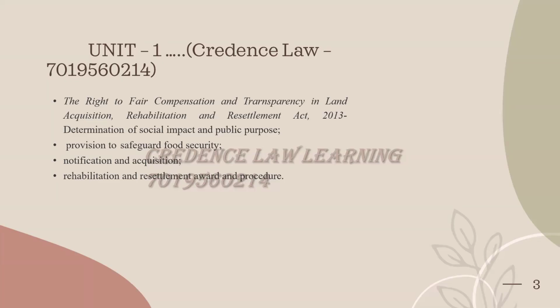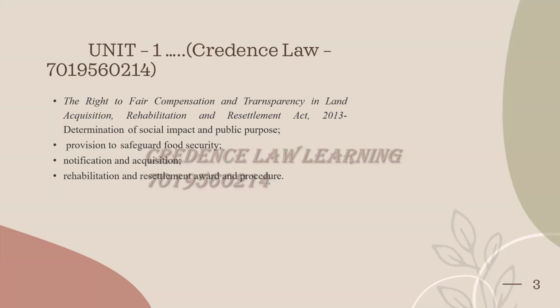And then from the first unit, the last important concept deals with the provisions safeguarding food security, special provisions to safeguard food security, which is given in chapter 3, section 10. Basically, from the first unit we will be concentrating on chapters of the Bare Act.